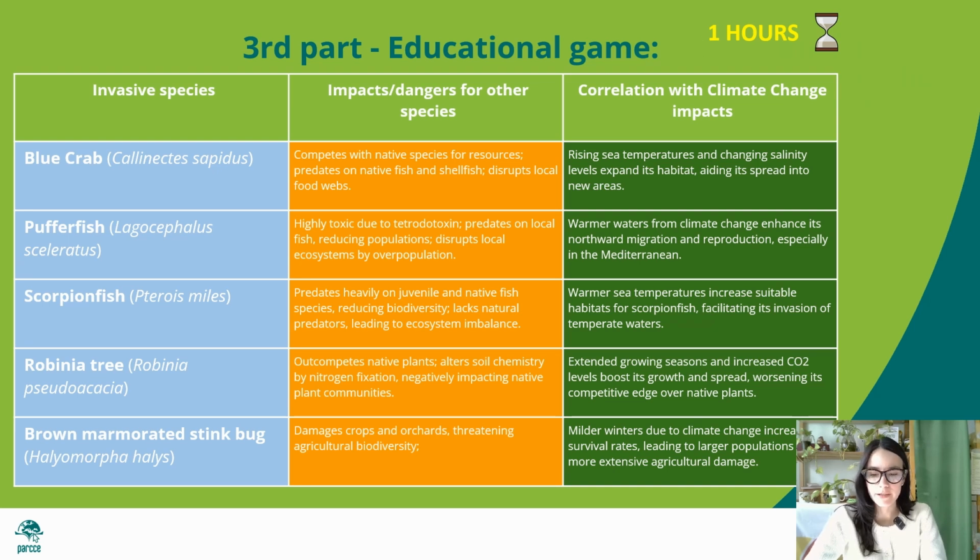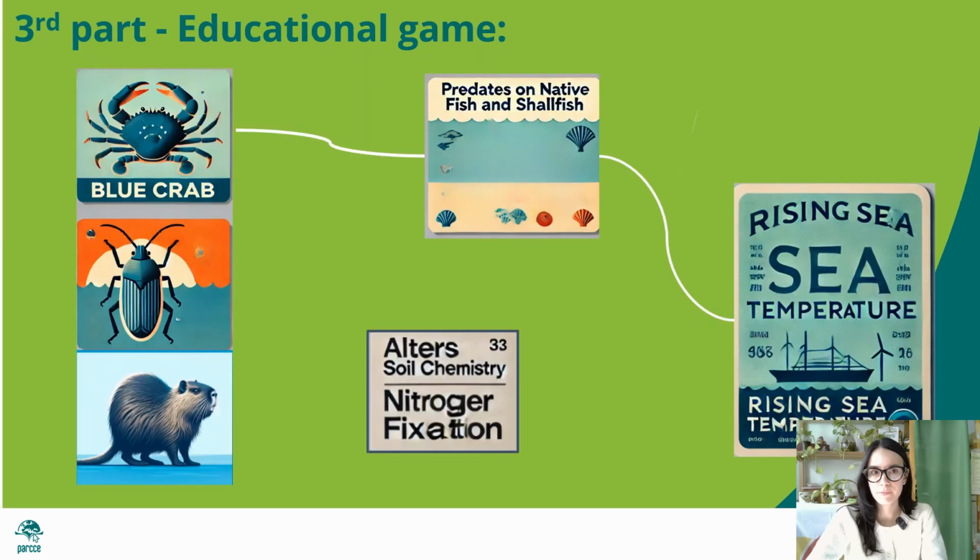You will work in teams, I suggest 2, to connect invasive species with their specific ecological impacts and climate change connection. For instance, you will match the blue crab to its role in competing with native species and how warmer waters have expanded its habitats.